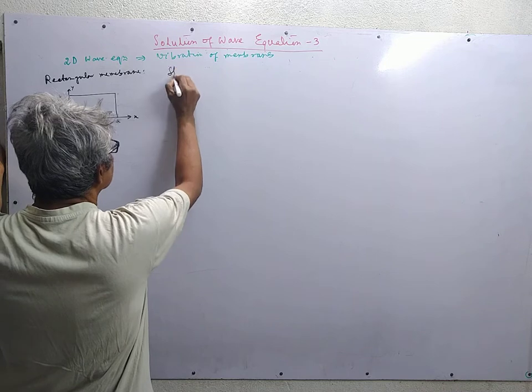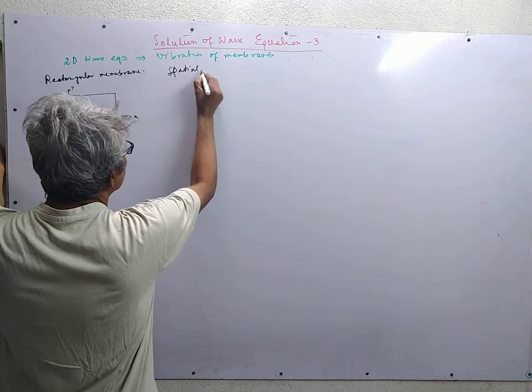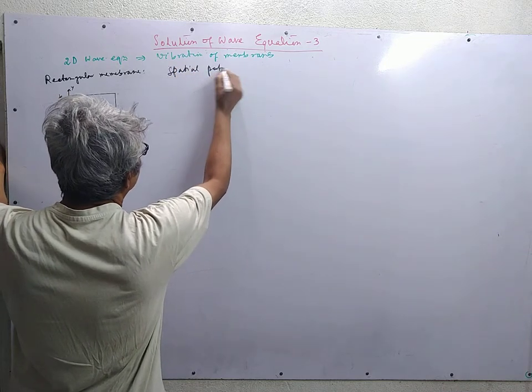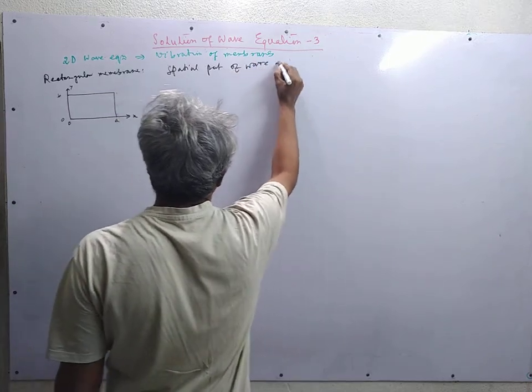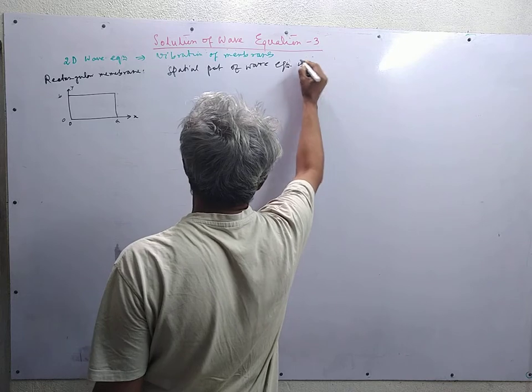The spatial part of the wave equation is the Helmholtz equation.